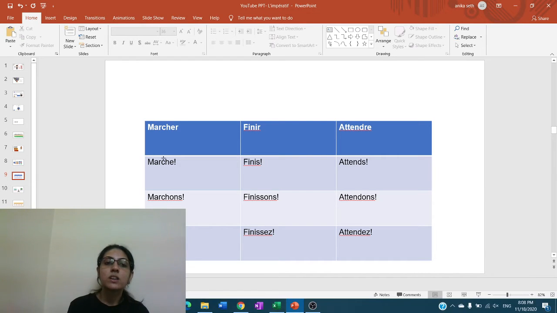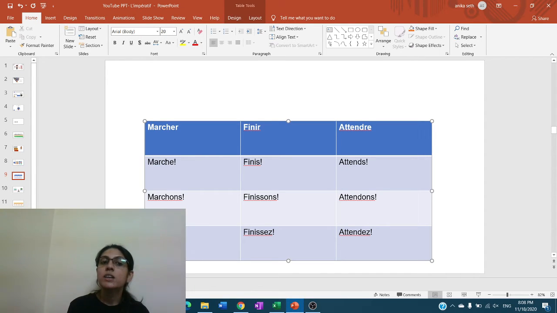vous. With tu, when we conjugate the verb marcher, the conjugation in the present tense ends with es. When you remove er from marcher, you add the ending es. This becomes marches, with s. Tu marches, with s. But now for the imperative form, we have to remove that s and simply write marche without the subject pronoun.